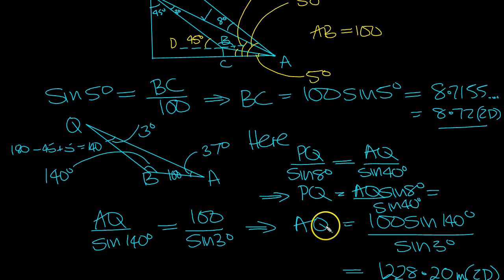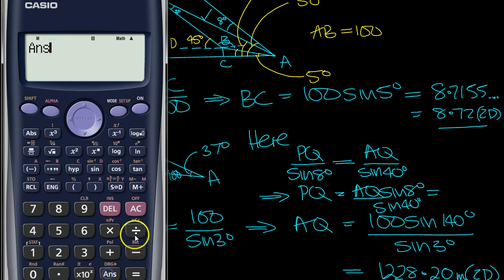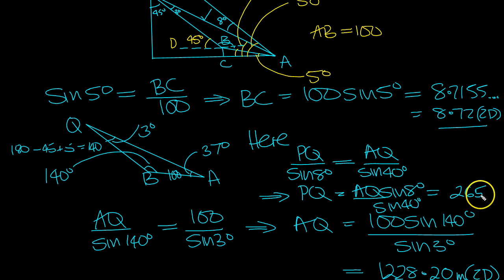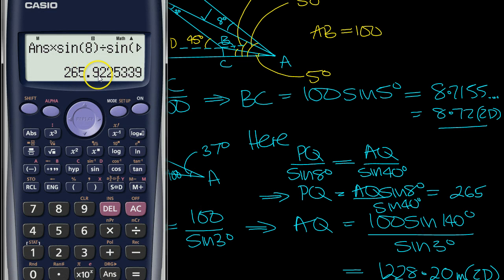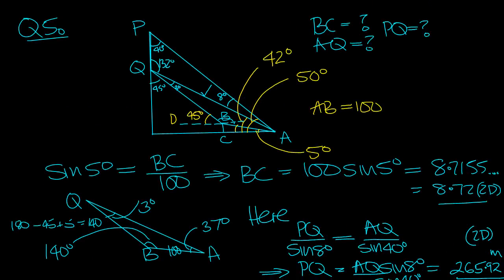I'm just going to type it in here: AQ is this answer, times sine of 8, divided by sine 40. That's 265.92 meters to 2 dp. And we maintain the accuracy all the way through the question.